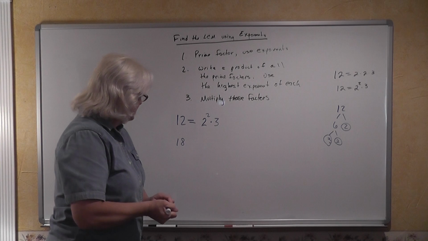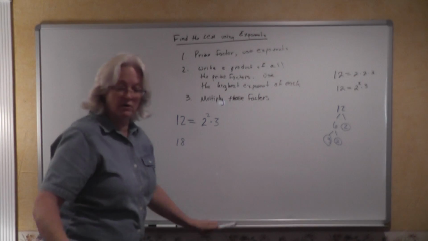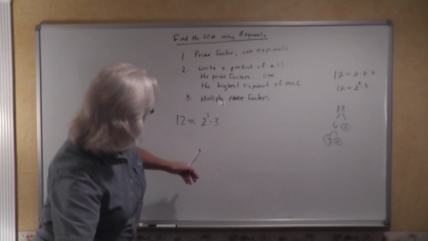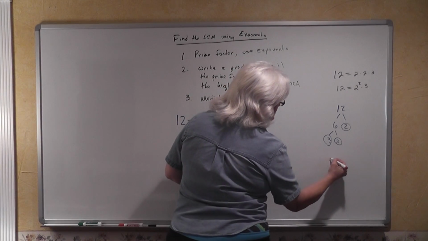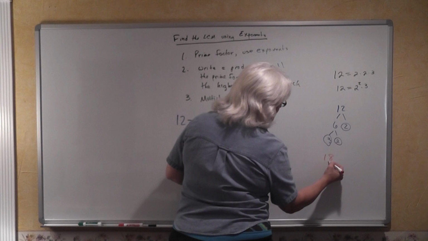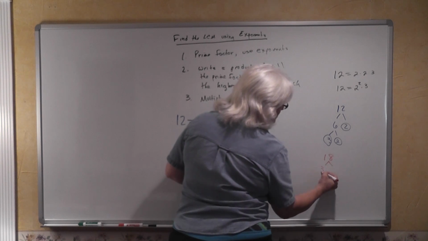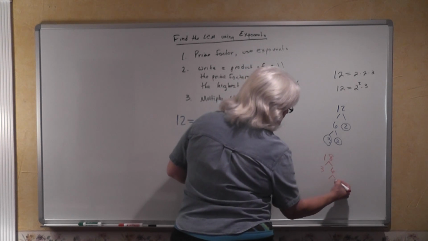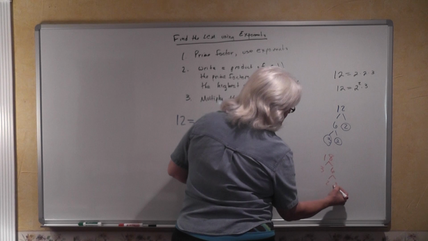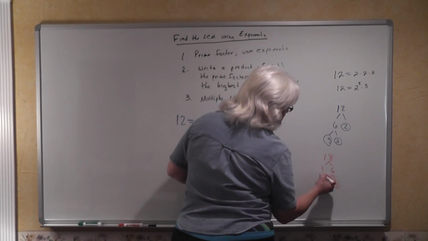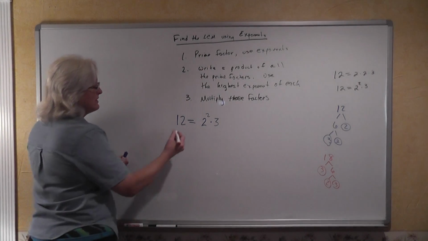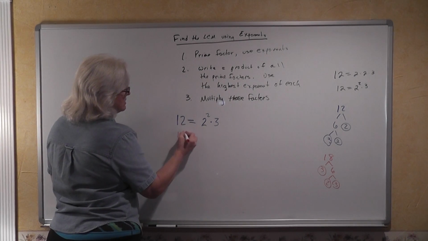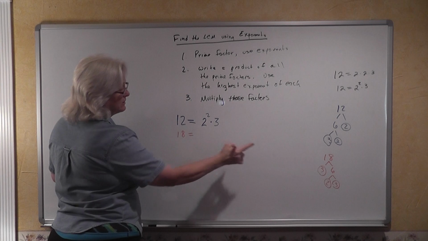Now they want to know the prime factorization of 18. So we're going to prime factor 18 using either upside down division or a factor tree. And I'm going to choose to say that 3 times 6 is 18, and then 2 times 3 is 6. So I have the prime factorization of 18.